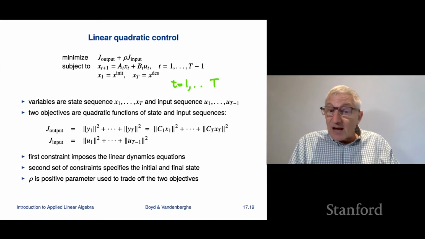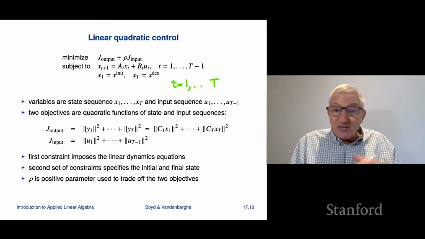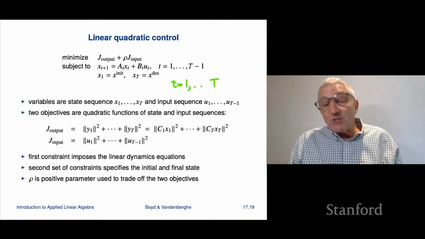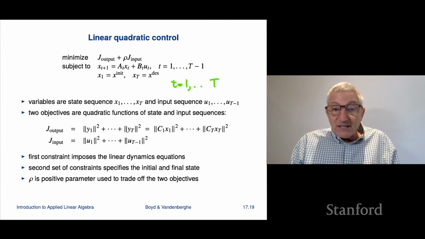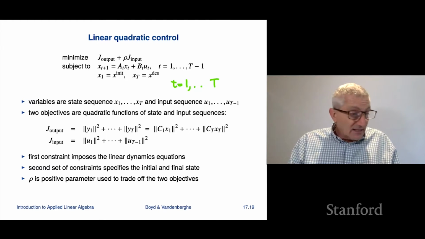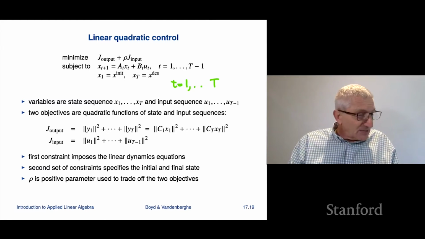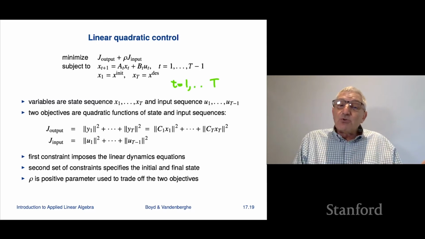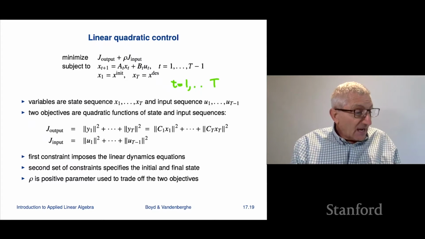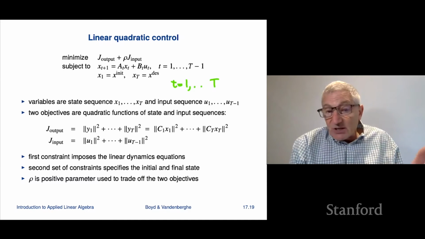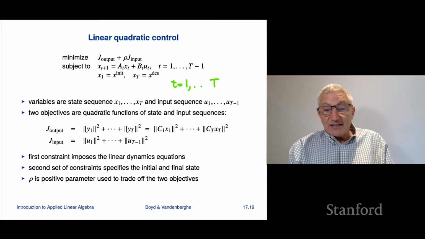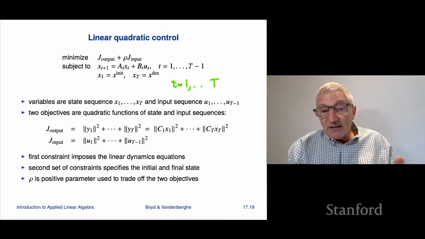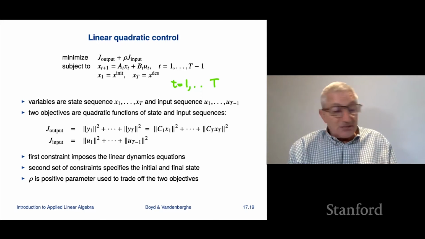Our job is to choose a sequence of inputs u_t for t equals 1 to capital T minus 1, because x_t only depends on u_{t-1}. We're also going to choose the state sequence, x_1 up to x_T.